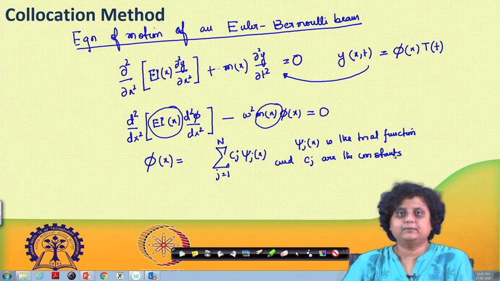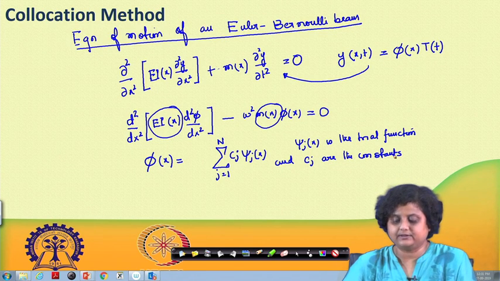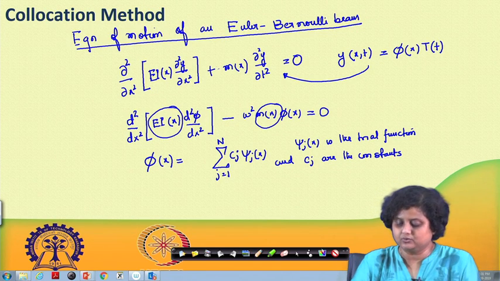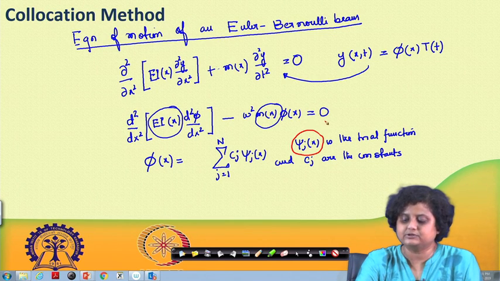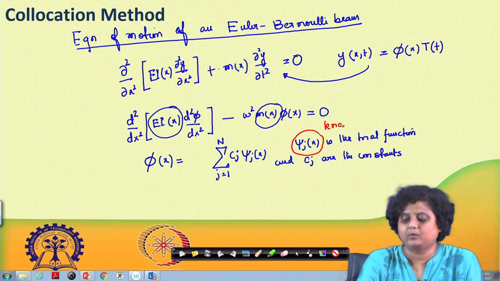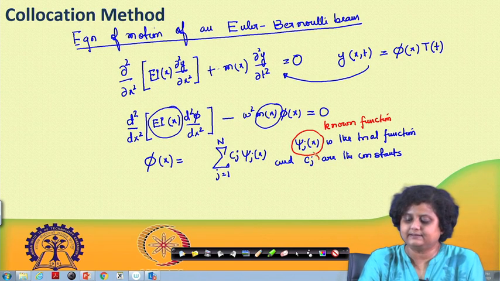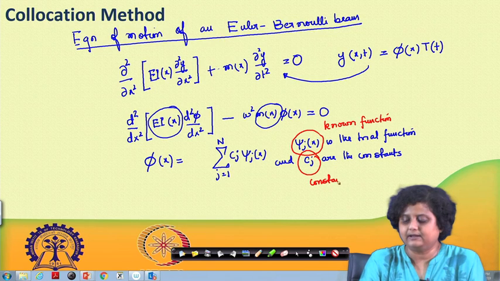We have done a similar exercise for the Rayleigh-Ritz method. Here also we are going to do a similar exercise. So, these psi_j which are trial functions are known. We will assume known functions. And these C_j's which are constants are unknown and need to be derived.